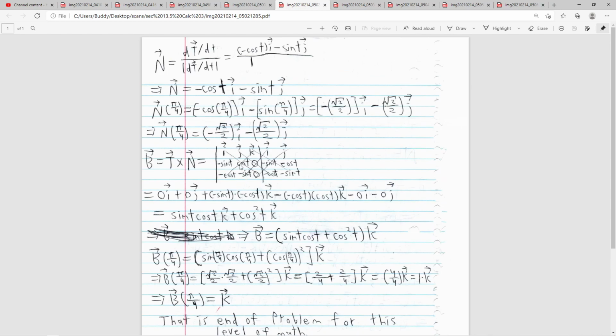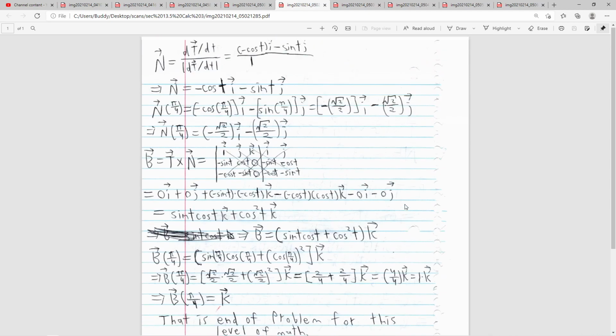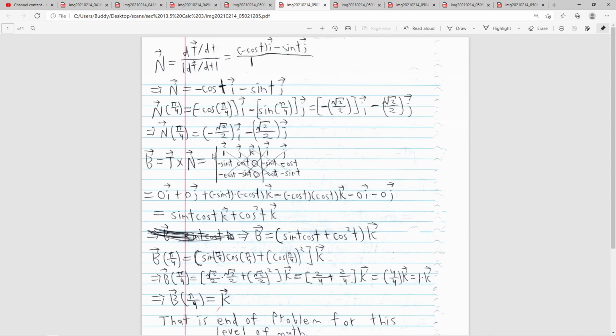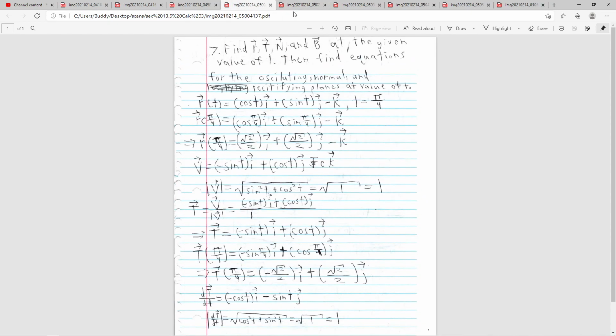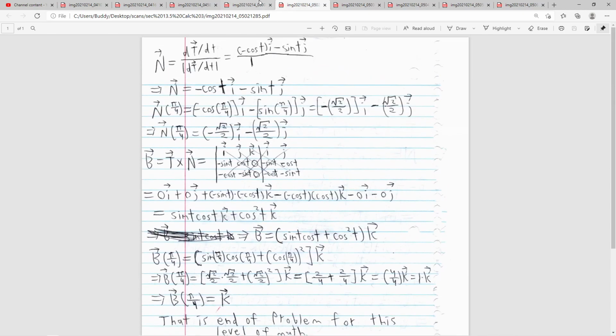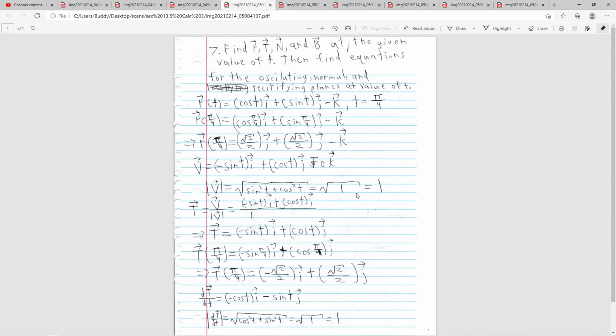So in the end, you have negative sine t, negative sine t times... Let's see here, it should be negative. Make sure there's not a mistake here. The answer is right, but make sure it's right for the right reason.